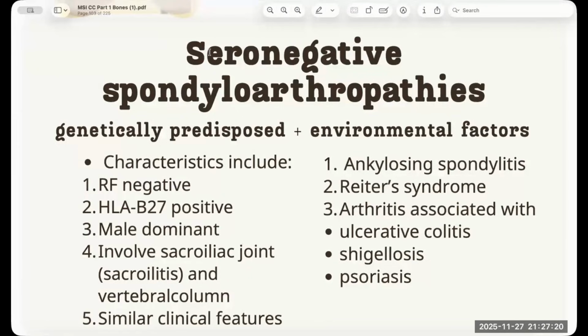It's not female dominant. It involves sacroiliac joints and vertebral columns, and it has similar clinical features. All those groups of diseases have similar clinical features. The diseases are ankylosing spondylitis, Reiter syndrome, arthritis associated with ulcerative colitis, or psoriasis. We'll be discussing all of these.